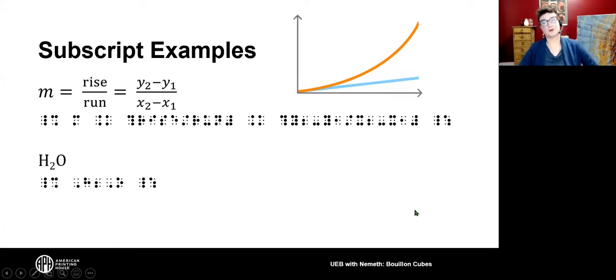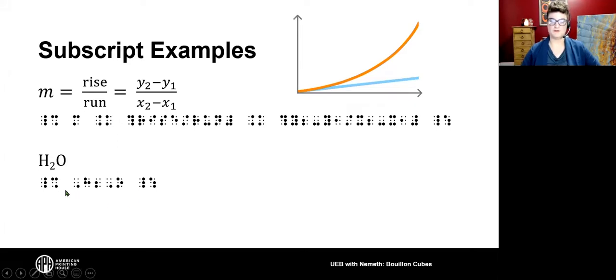One more. We talked about chemistry. The chemical formula for water is capital H subscript 2 capital O. Chemical formulas are technical or mathematical notation, and they happen within a Nemeth Code bubble. So we are transcribing our example here with an opening Nemeth Code indicator and a Nemeth Code terminator.